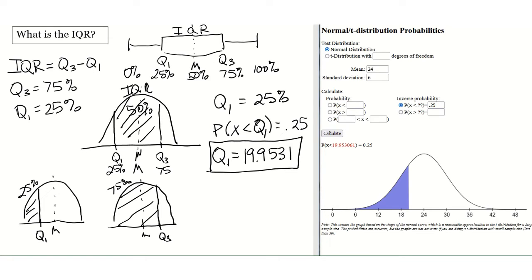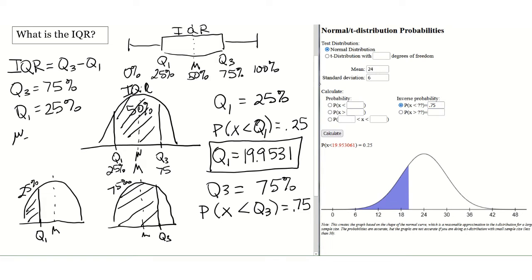Now I'm going to do the same thing and solve for Q3. My Q3 is at 75%, so I'm going to do the same thing, but this time I'm solving for my Q3, and I'm going to plug in 0.75. So I'm going to change that to 75. For all of these, we'll use the same mean and standard deviation.